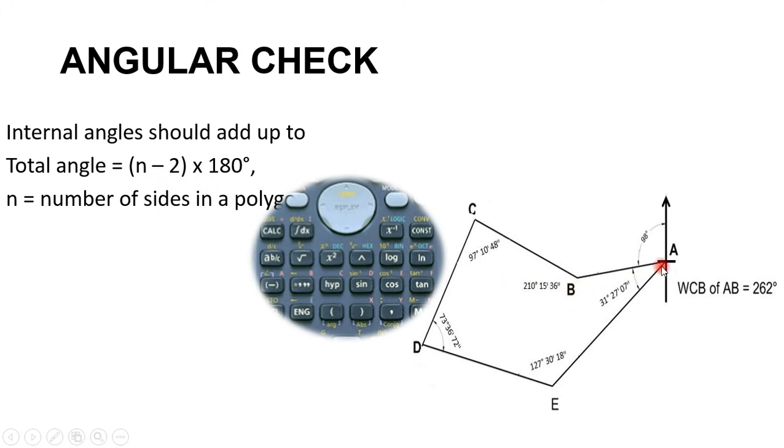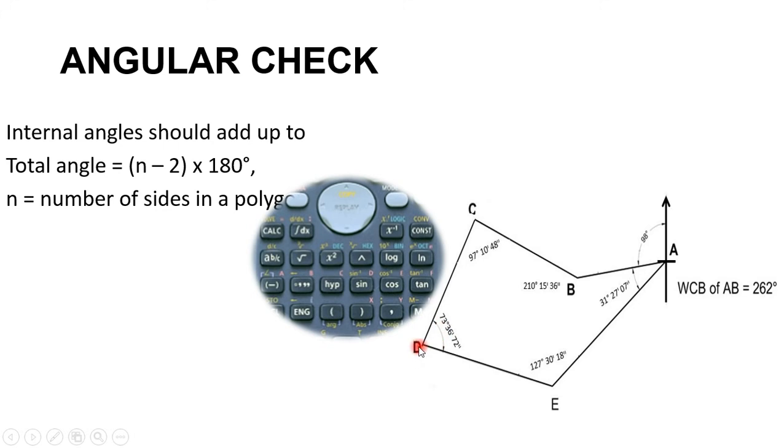So the surveyed angle A is 31 degrees 27 minutes and 07 seconds. Angle B is 210, so angle B is that angle, that is the reflex angle. So it's 210 degrees 15 minutes 36 seconds, and angle C is 97 degrees 10 minutes and 48 seconds.